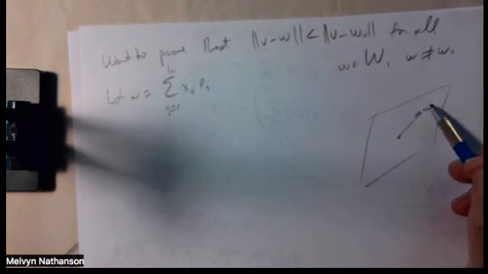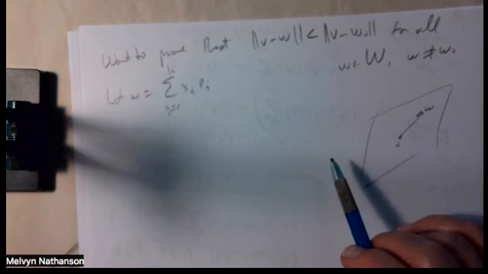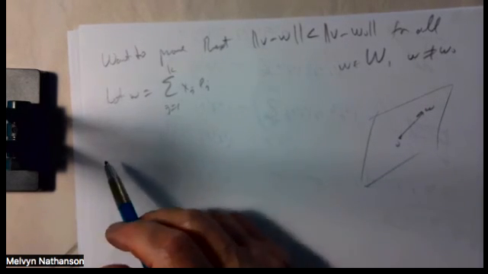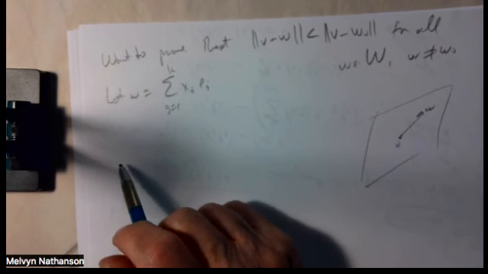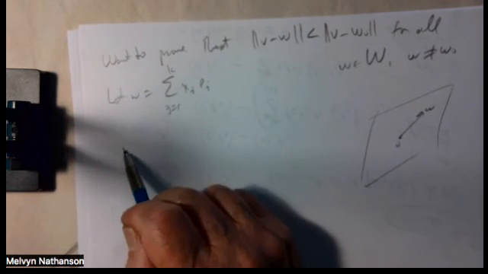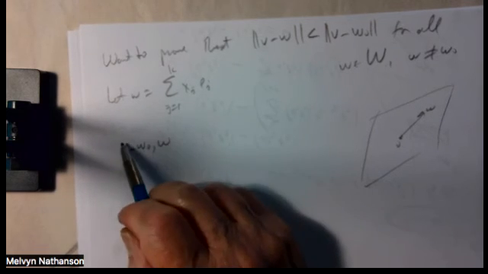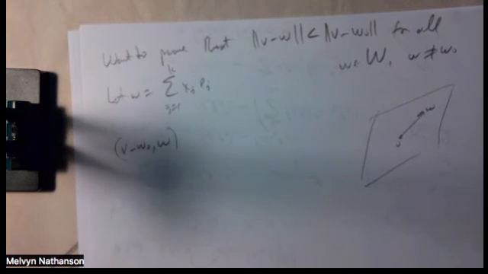And so here's W. If I take V minus W0 inner product with W, what is that?